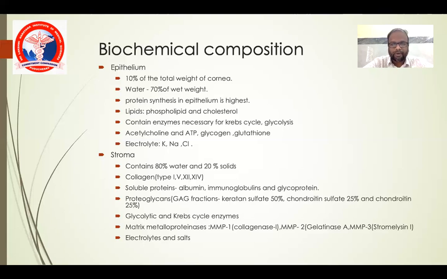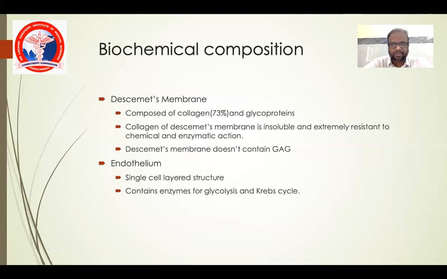Apart from this, there are glycolytic and Krebs cycle enzymes, and there are also matrix metalloproteinases, like matrix metalloproteinase 1 or the collagenase, matrix metalloproteinase 2 or the gelatinase A, and matrix metalloproteinase 3 or the stromelysin 1. The stroma also contains electrolytes and salts.